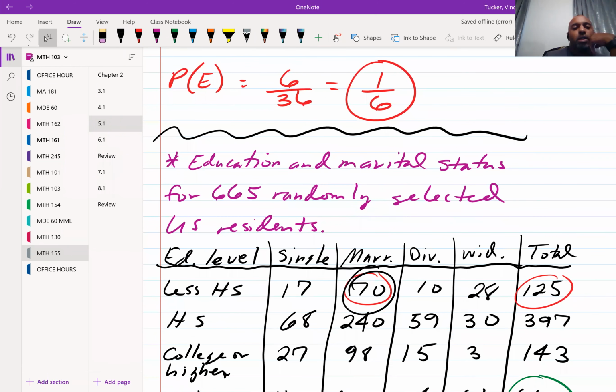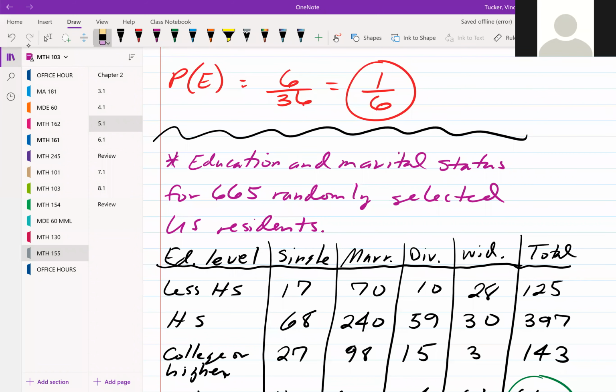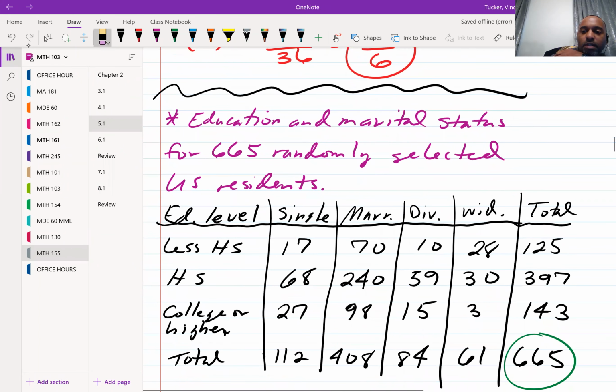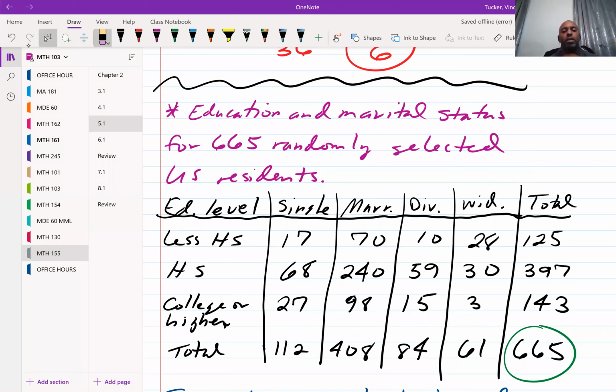All right. This chart right here represents the education and marital status for 665 randomly selected US residents. So let me erase this. Why is this not erasing? There we go. Anybody need to read? All right. Education level is the first column: less than high school, high school, college or higher, then total.